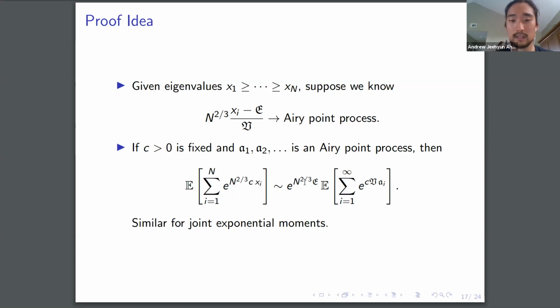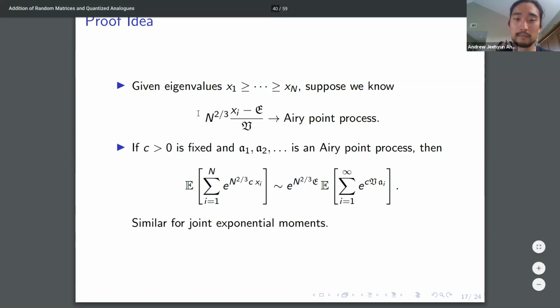So this part follows directly from the assumption above. If we know that the x's converge to the Airy point process upon this rescaling, then we should see this asymptotic behavior.